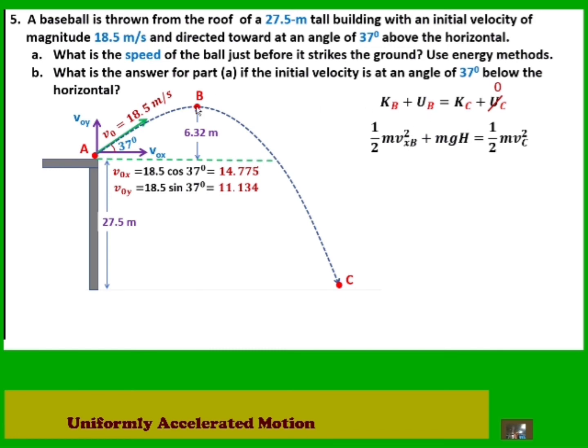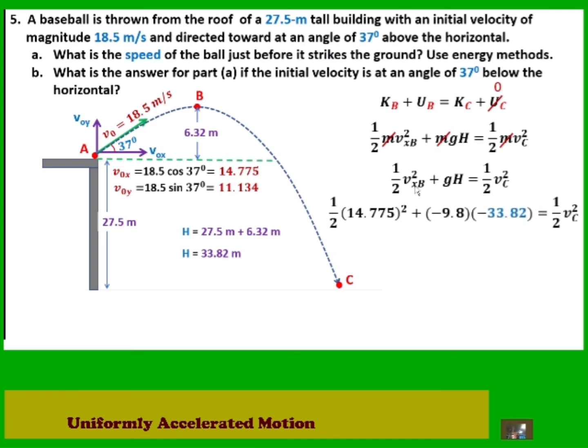At point B, its potential energy is mg times the height, the total height. And at point C, its kinetic energy is 1/2 mv squared. Cancel out the common factor in each of the terms. So this is the simplified form of the equation. The total height h is 33.82 meters, 6.32 plus 27.5.